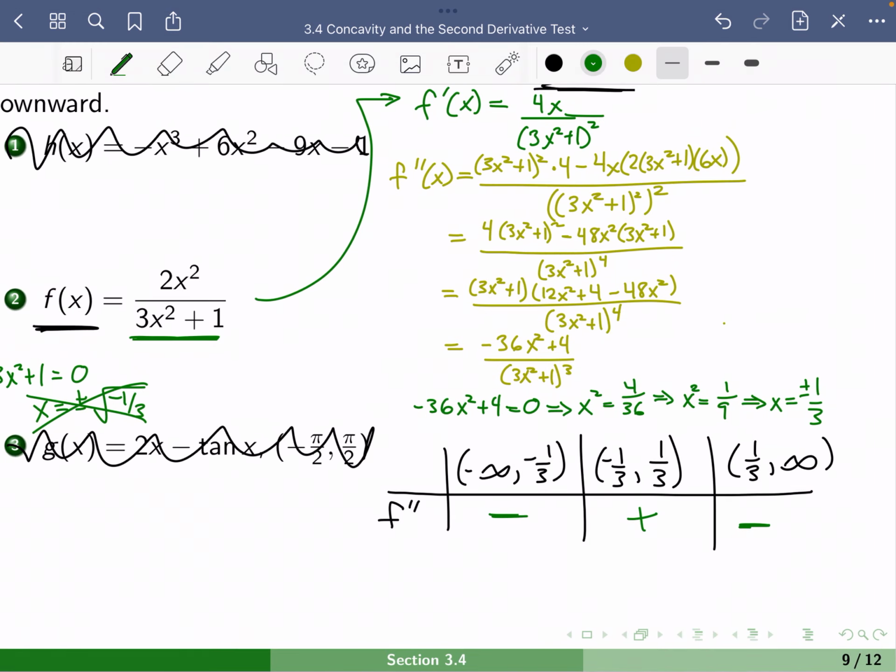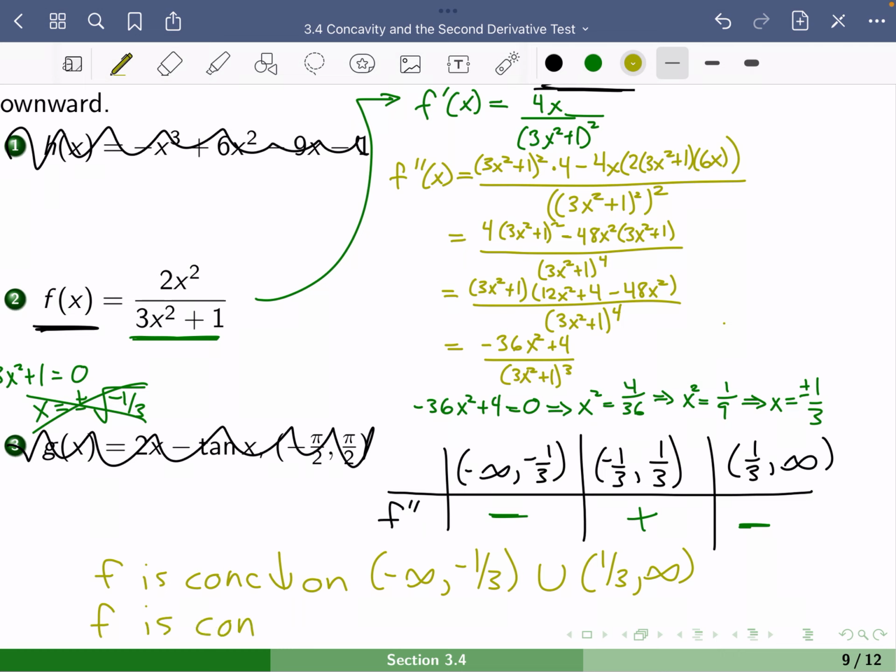So what does that tell us about our function? Well, f is concave down on the interval from negative infinity to negative 1/3, together with 1/3 to infinity, and it is concave up on the interval from negative 1/3 to positive 1/3.